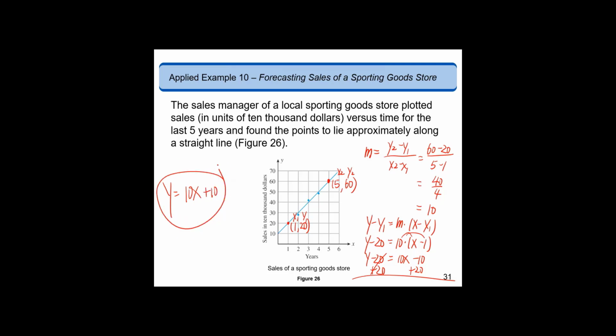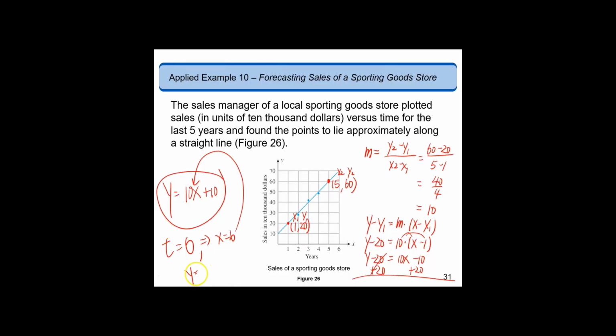If they want to predict when time t equals 6, meaning at year 6, what will be the expected sales? When time t equals 6, meaning x equals 6, we go into the equation and replace x with 6. The y value equals 10 times 6 plus 10, which is 70, meaning $70,000.